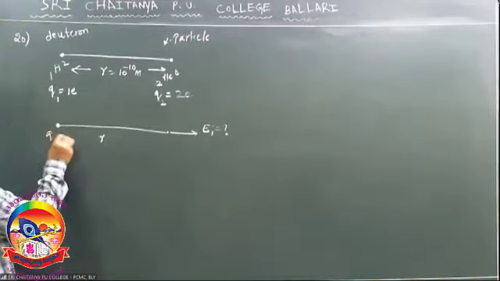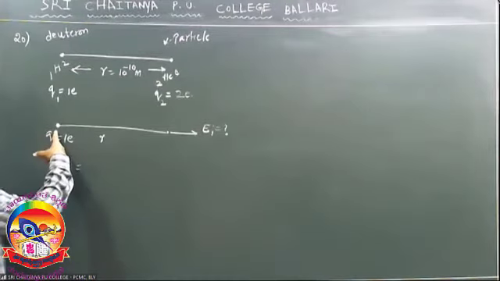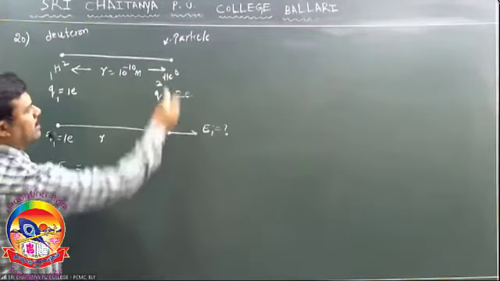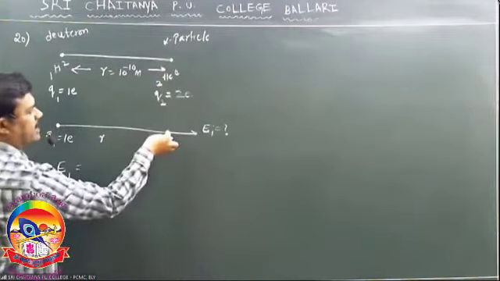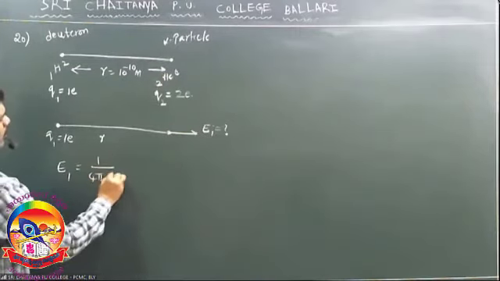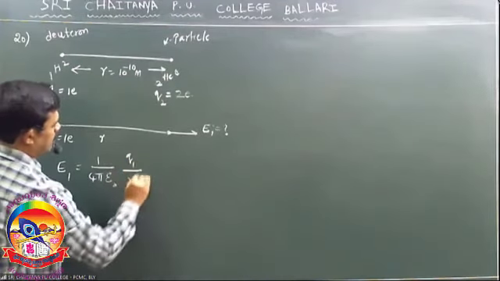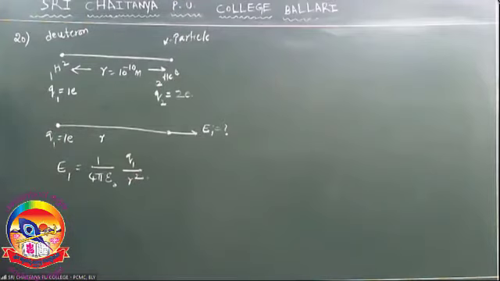Due to this deuteron, its charge is what? 1e. Then, due to this deuteron, at the location where the alpha particle is present, the intensity E1 is 1 by 4 pi epsilon naught Q1 by R square.